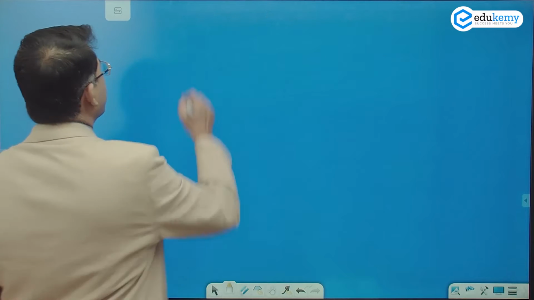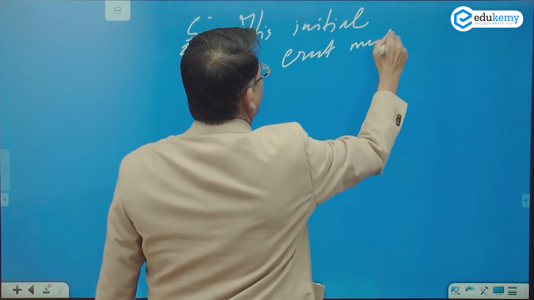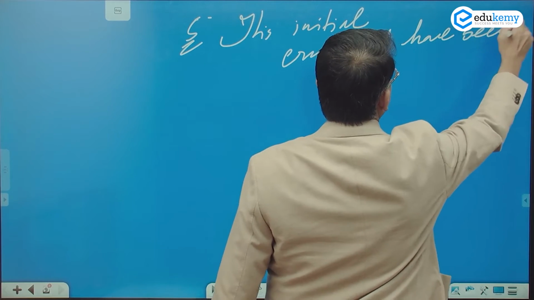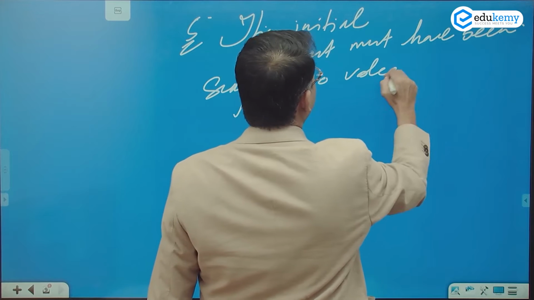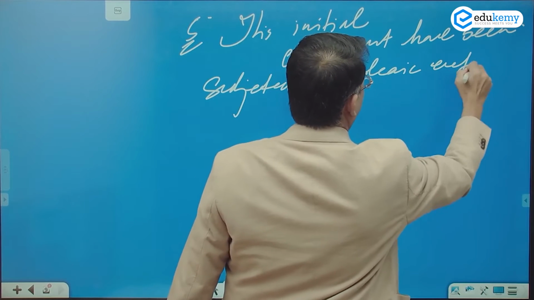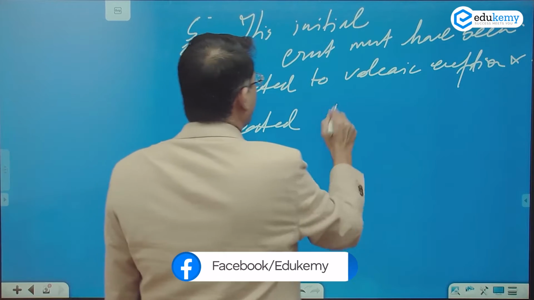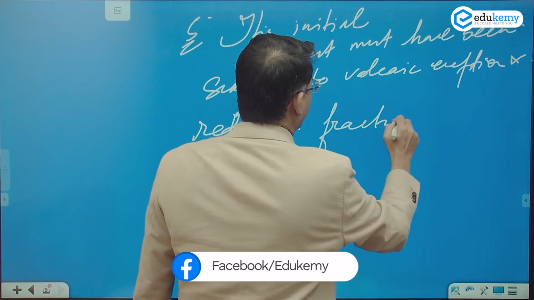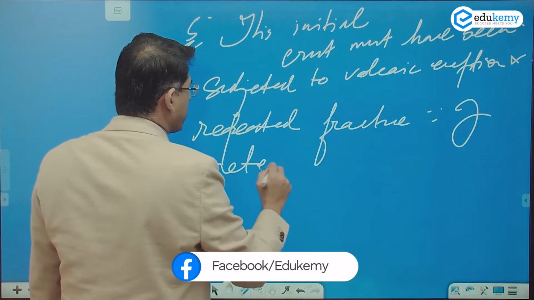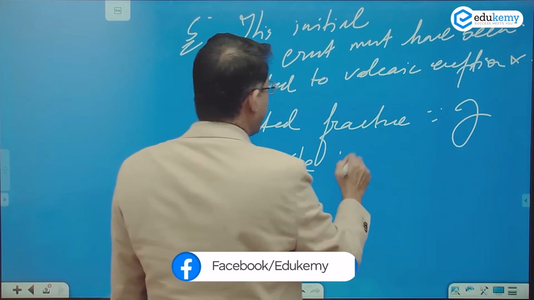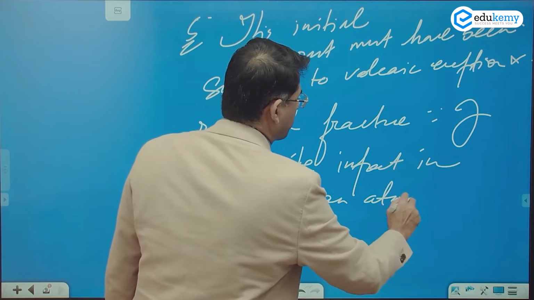The next point is that this initial crust must have been subjected to volcanic eruptions and repeated fracture because of meteorite impact in the absence of an atmosphere.